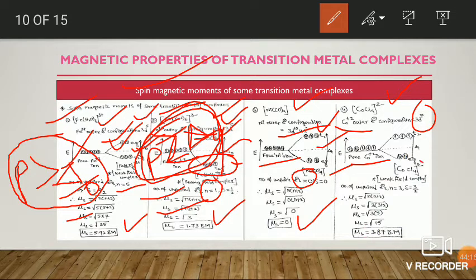In the case of the complex, if you observe the arrangement, here chlorides are weak field ligands, so the energy gap is small. So the first 2 electrons enter into EG orbitals. After that, the other 3 enter into the T2 set. That is totally 2 plus 3, 5.